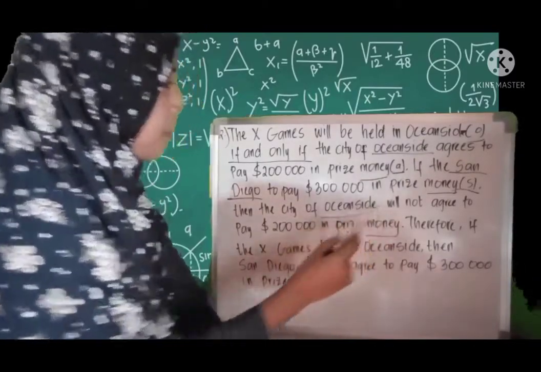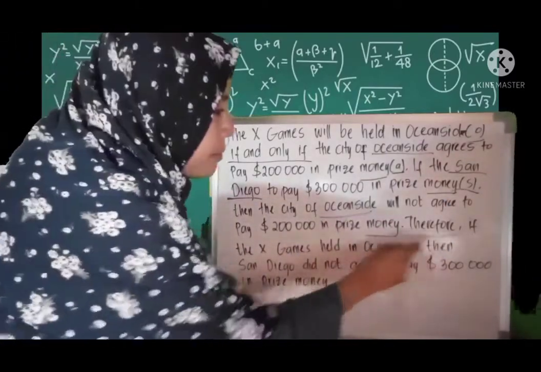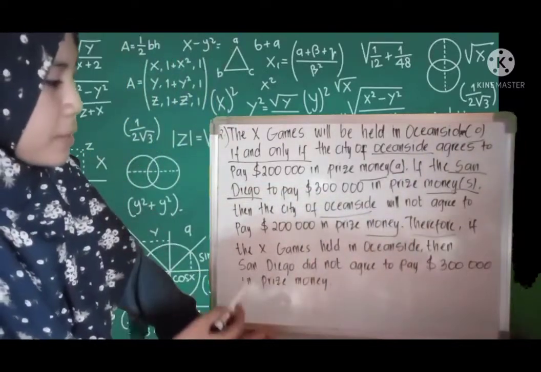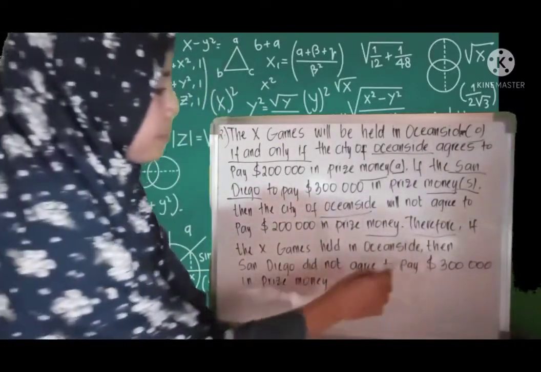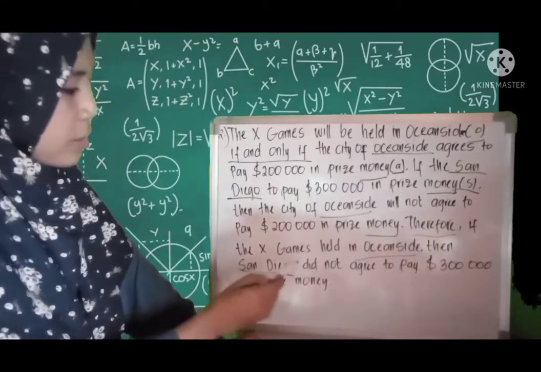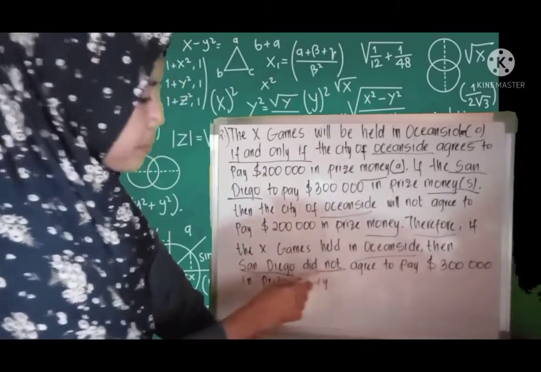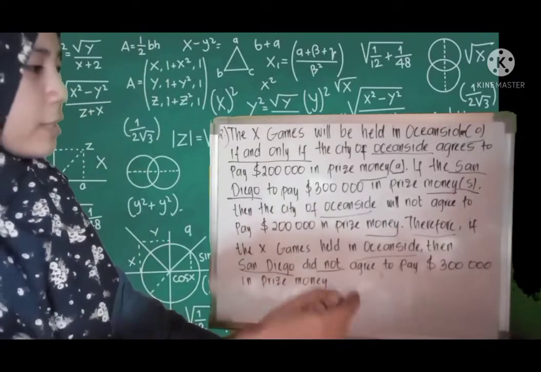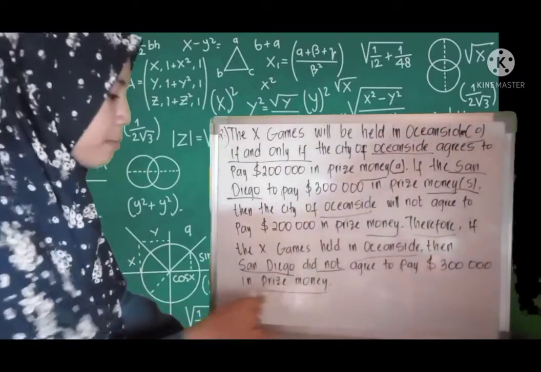So, Oceanside ang ginamit. Therefore, if the X Games held in the Oceanside, then San Diego did not agree to pay 300,000 in prize money.